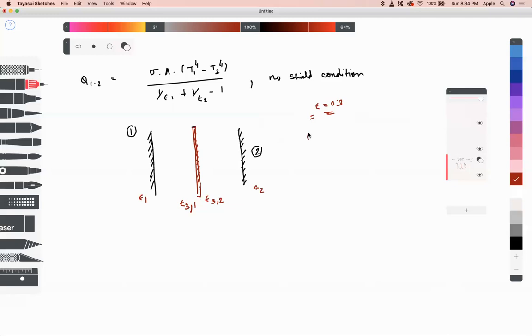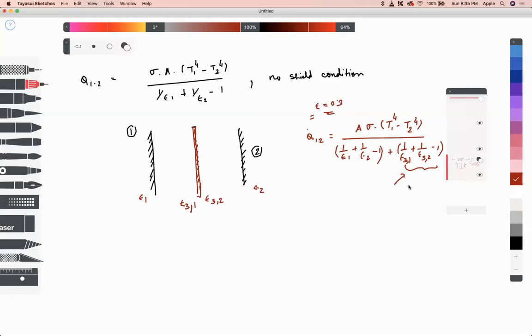So in that case, the expression for q1 to 2 will be A into sigma into T1 to the power 4 minus T2 to the power 4 divided by 1 upon epsilon 1 plus 1 upon epsilon 2 minus 1 plus 1 upon epsilon 3,1 plus 1 upon epsilon 3,2 minus 1. So here you see there is this additional term in the denominator, correct?